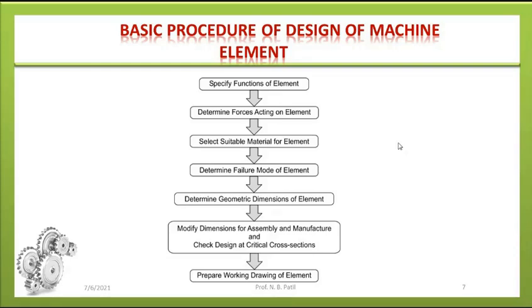Then the third step is to select a suitable material for the element. You must have very good knowledge related to materials. Material selection is a very important step in the design procedure. You must have good knowledge about the properties of materials and know the different types of materials.